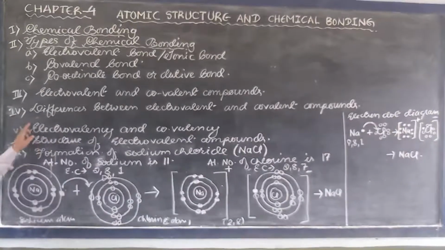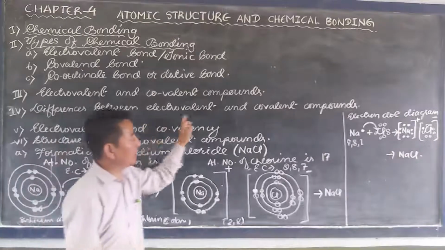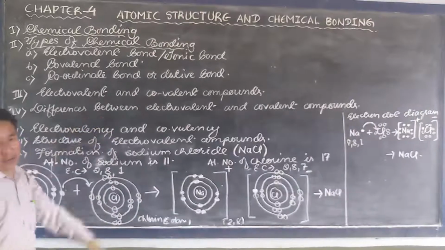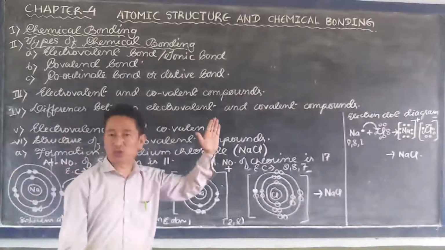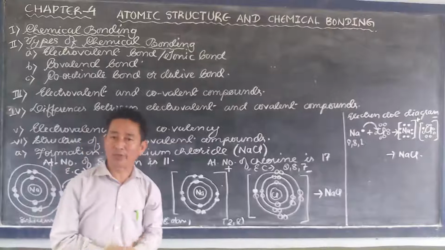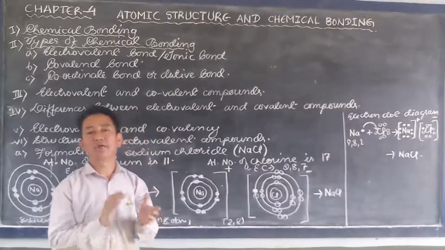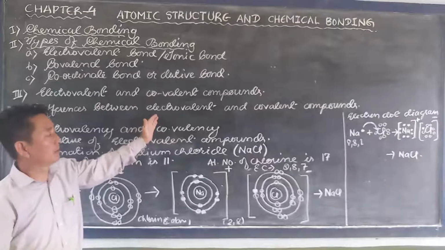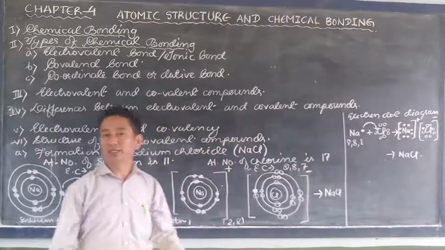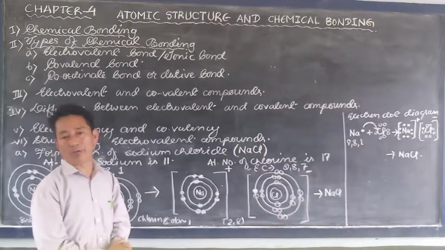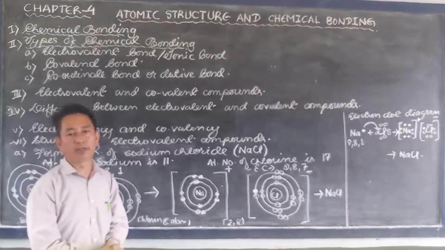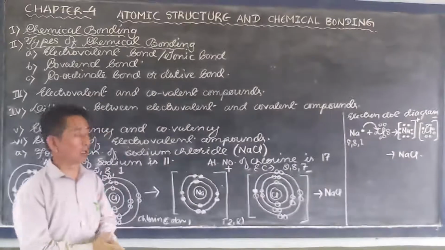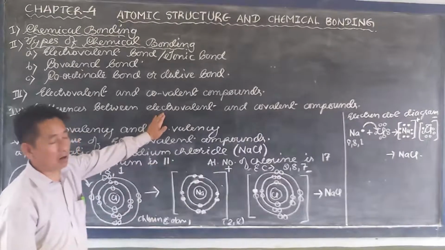Now next, differences between electrovalent and covalent compounds. Electrovalent compounds, as I already told you, are the compounds which are formed by the transfer of valence electrons from metal to non-metal. Covalent compounds are the compounds which are formed by mutually sharing the valence electrons between the combining atoms.